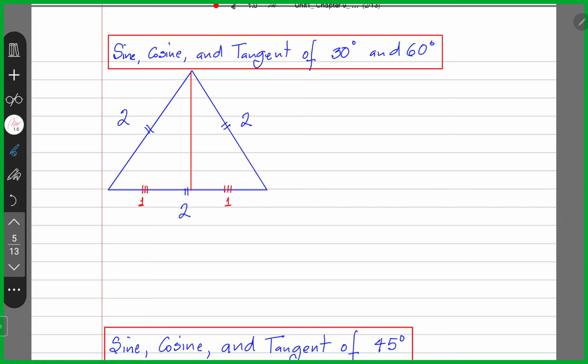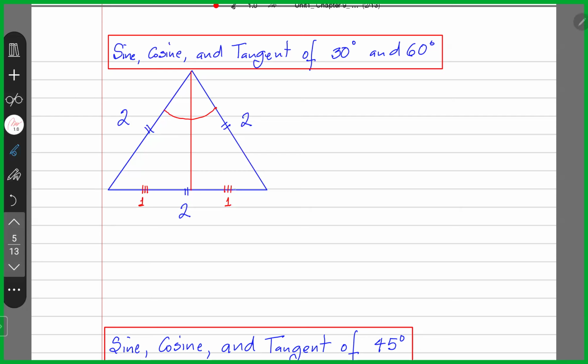So a line drawn from the apex of an equilateral triangle or an isosceles triangle to the middle of the base is called the height or the altitude of the triangle. Now, the altitude bisects the angle at the apex.